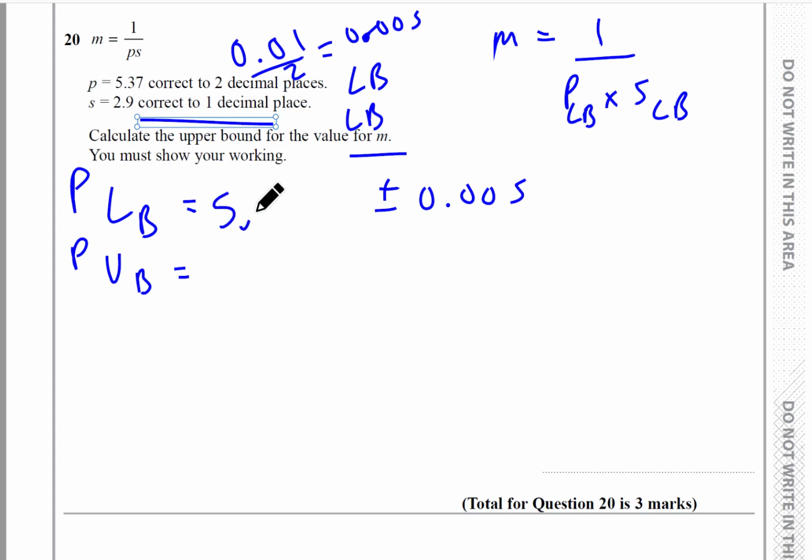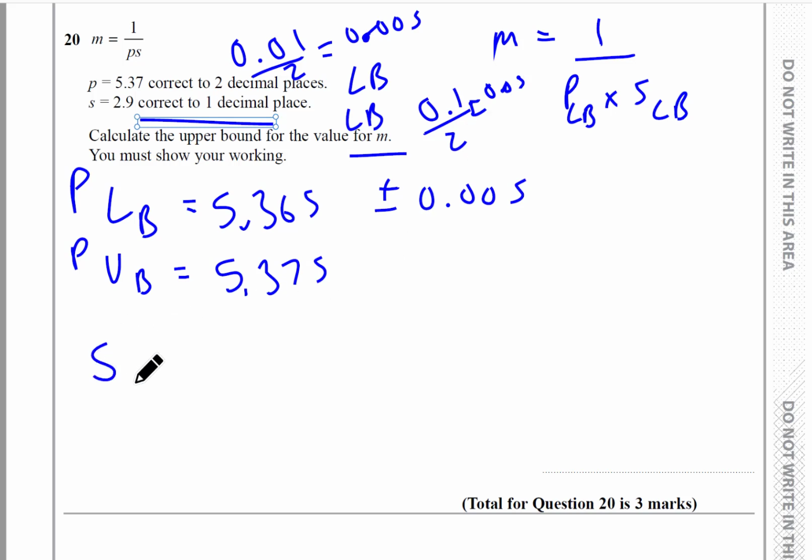So 5.365 and 5.375. Now s is to 1 decimal place, so we just do 0.1 divided by 2 to get 0.05.